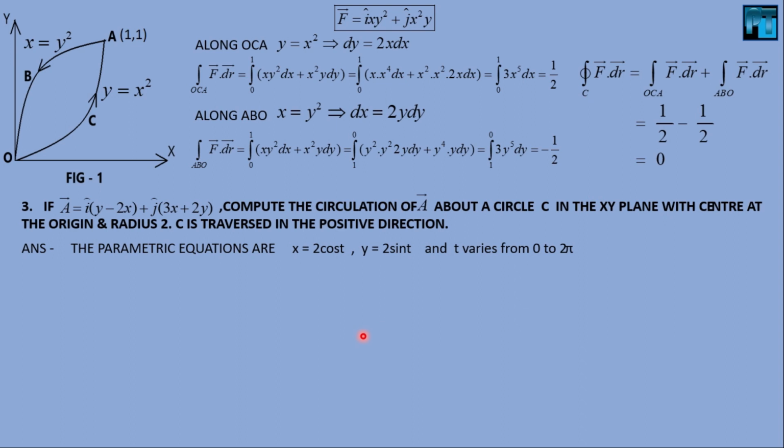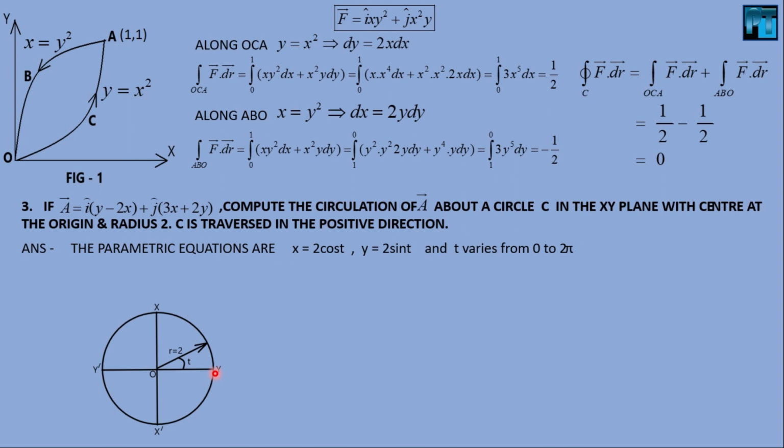Now let's put in our parametric equations. Here I have used t. You can use theta or phi, you are free to use anything. Now see, we are starting from this point. t gradually grows and this vector goes from this to this to this to this and finally again here. So t is gradually increasing from 0 to pi by 2 to pi to 3 pi by 2 and again 2 pi.